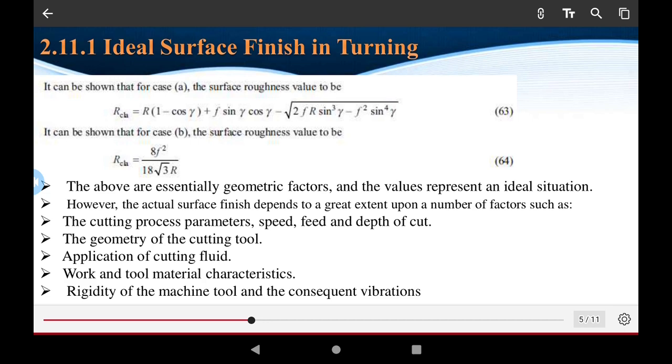The above geometric factors represent the ideal surface finish.